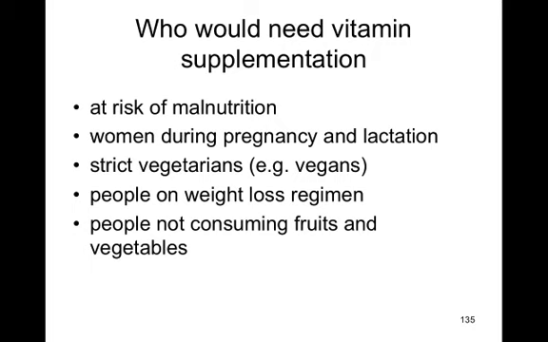And lastly, people who are not consuming fruits and vegetables. Many vitamins are obtained through fruits and vegetables. One prime example of a vitamin that is particularly rich in fruits is vitamin C. You have that in all sour fruits. You have that in oranges, strawberries, pineapples, and so on.